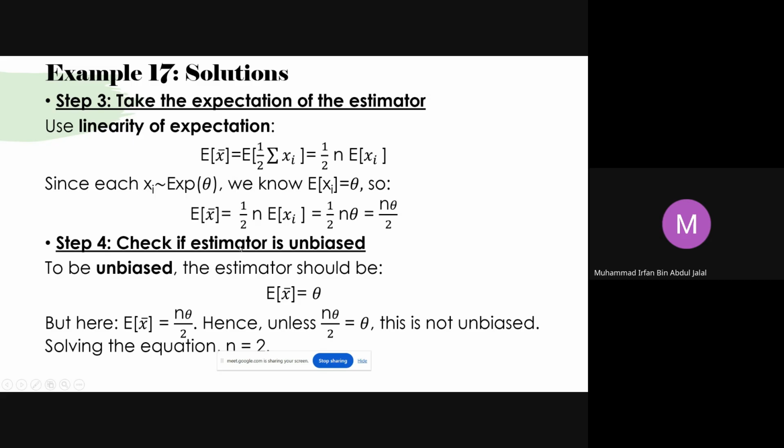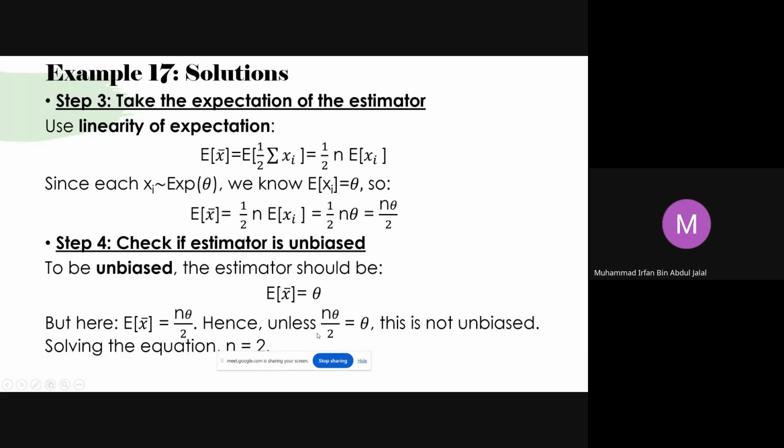So the step 4, we want to check whether the estimator is unbiased or not. So again, we need to equate n times theta divided by 2 here with theta. Obviously we can see from the bird's eye view that the expectation of x bar here is n theta divided by 2. Hence, unless n theta divided by 2 is equal to theta, this is not unbiased.